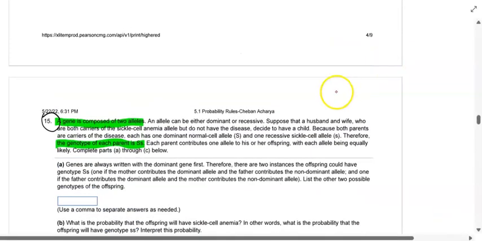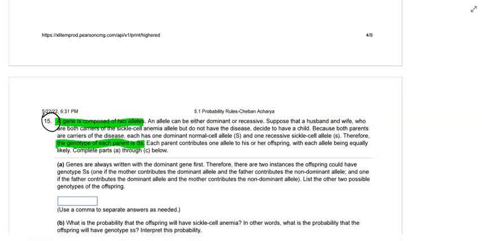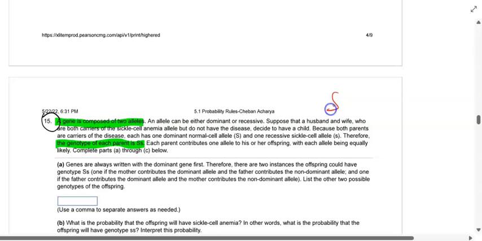One is uppercase S, which is the dominant allele, and lowercase s, which is recessive. An allele can be either dominant or recessive: uppercase S for dominant and lowercase s for recessive.